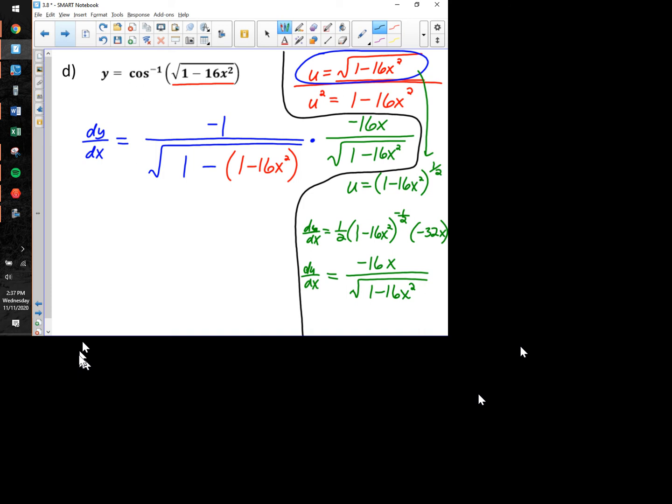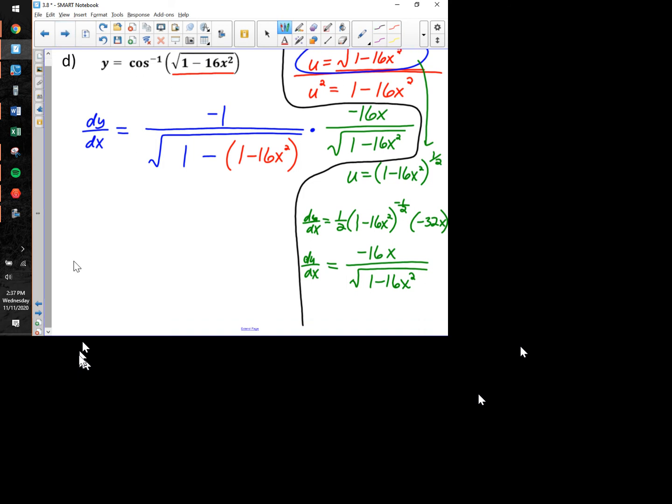All right. So that's where things stand. I certainly hope this can be simplified because it's pretty ugly the way it is right now. dy dx is equal to, and let's see what we've got. Numerator times numerator, negative 1 times negative 16x. Hey, at least it turned positive. That's 16x. Down in the denominator, let's look at what's going on right here. 1 minus the quantity 1 minus 16x squared.